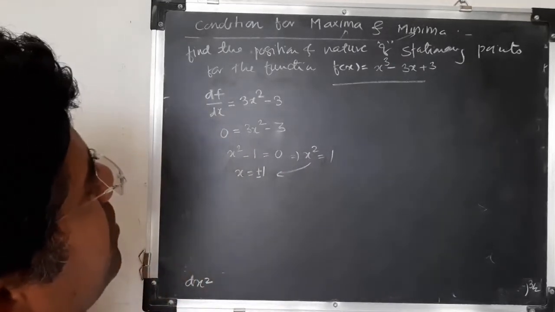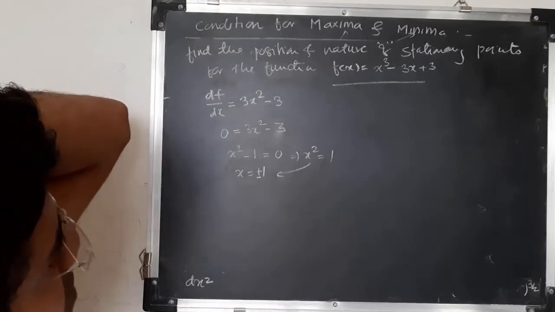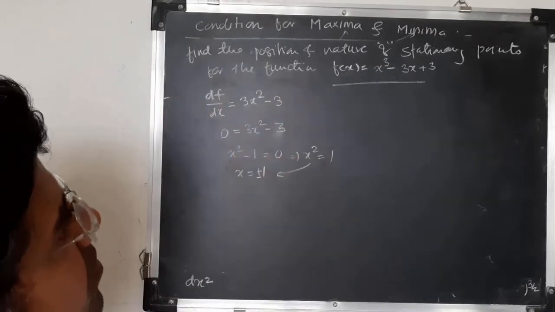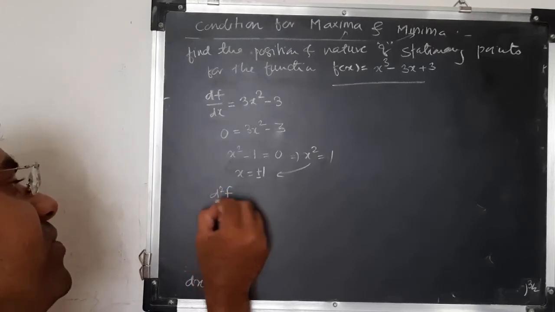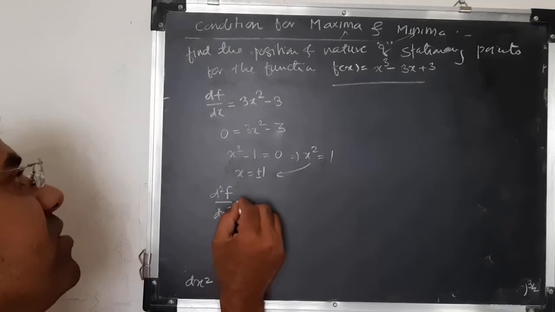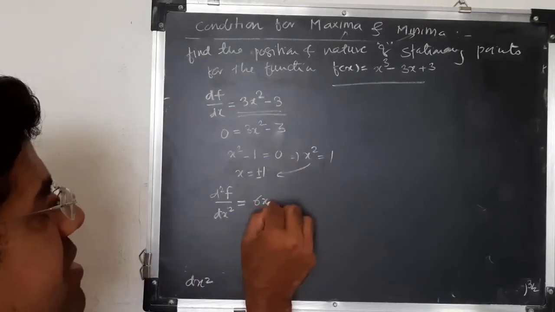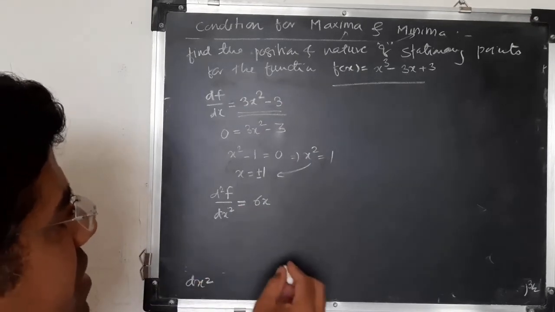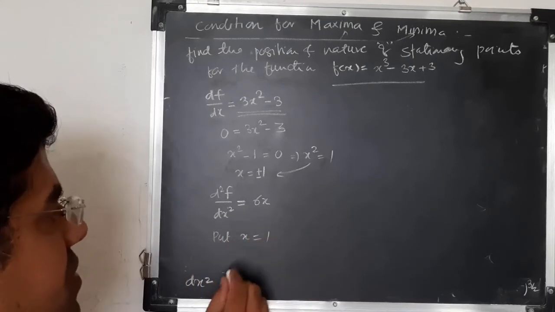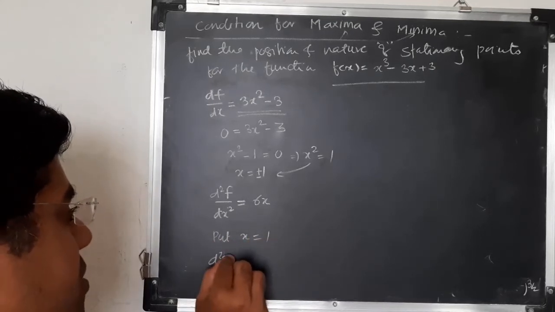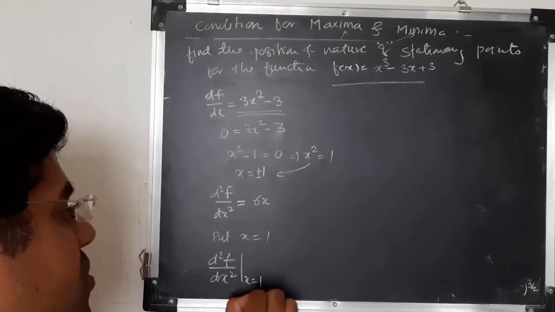Now we have 2 points, so we have to check that particular condition. I will go to the second order differentiation, d2f by dx square. How much is the differentiation of this one? This is 6x. Now put x equal to 1. What is the value of d2f by dx square at x equal to 1?